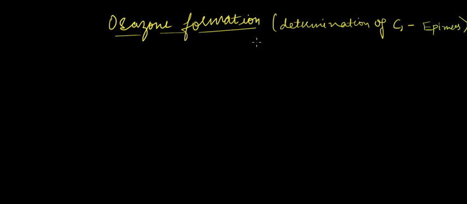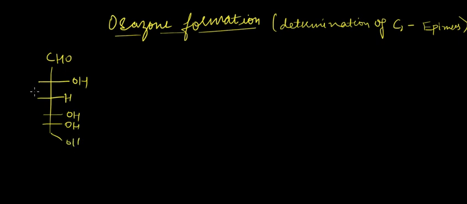Okay, so let's say we have D-glucose. So D-glucose will be something like this.